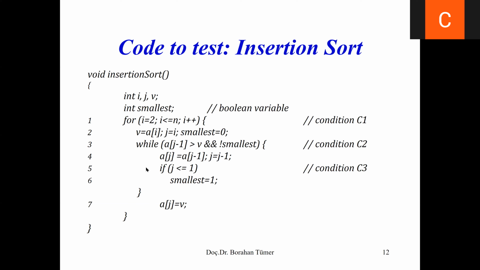The code to insertion sort is here, and I have numbered the specific statements, and I also gave codes to the conditions for the decision structures, both in the argument of the for loop and in the while loop, and also here in the if structure.